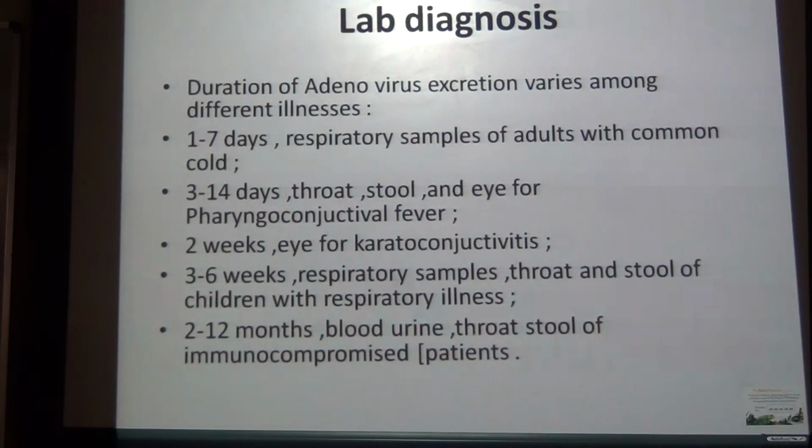Then the duration of adenovirus excretion varies among different illnesses.